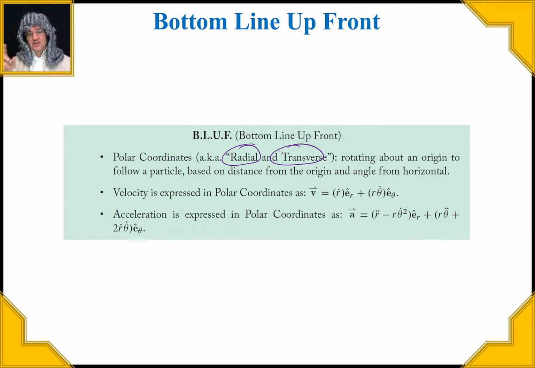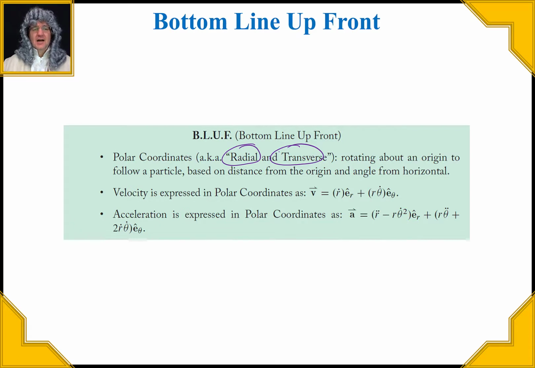Now we're fixed to some point, and that's going to be the reference point that we make while we're watching the particle. And we use the distance from that origin, that reference point, and we also have the angle from some reference, which is usually the horizontal when we're dealing with two dimensions.